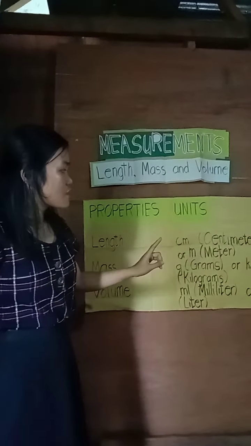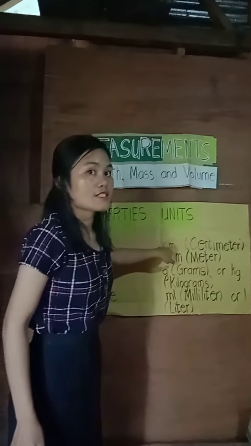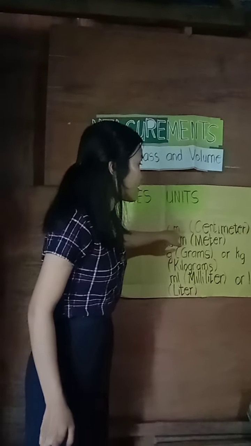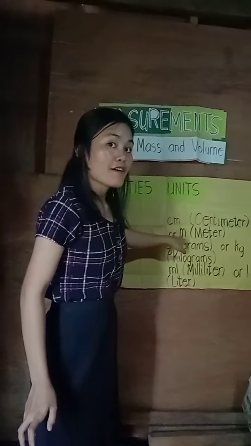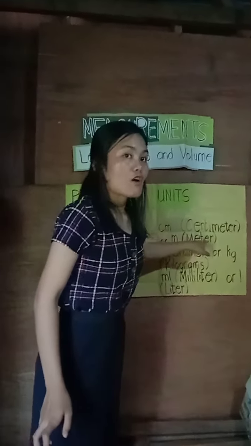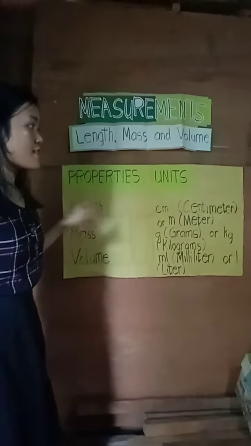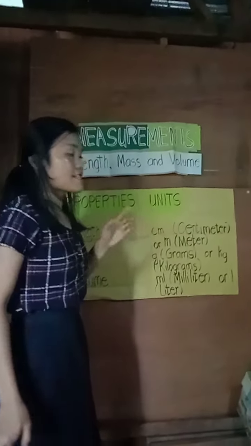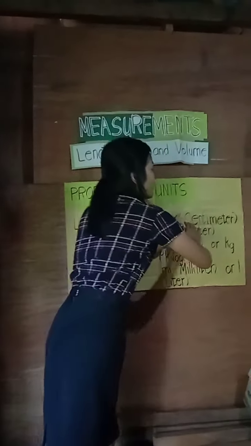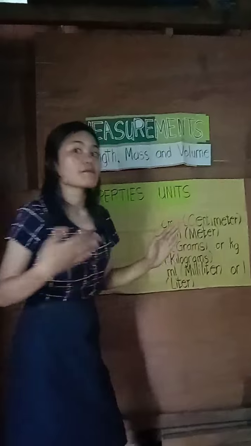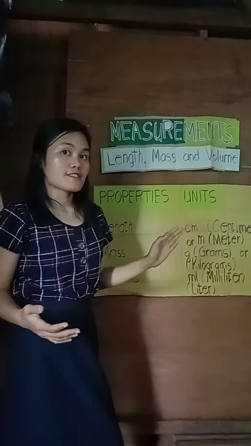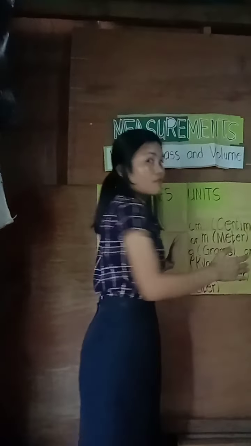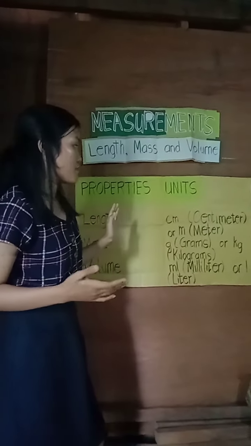You can also use lowercase cm, which stands for centimeter, or lowercase m for meter. Some measurements don't indicate the full word centimeter. Sometimes only the symbol, cm, is there. That is okay. It is still a measurement.